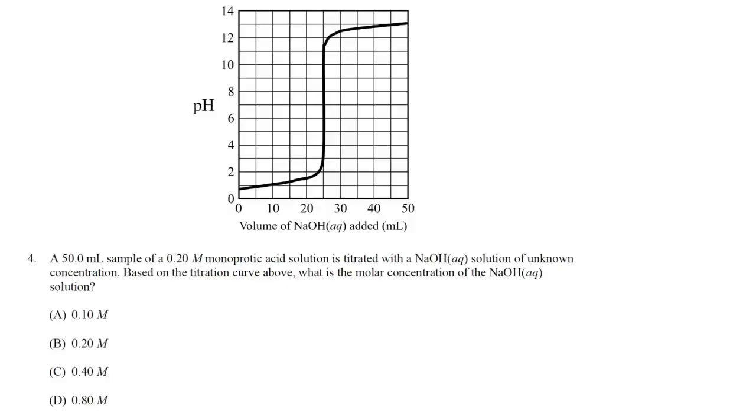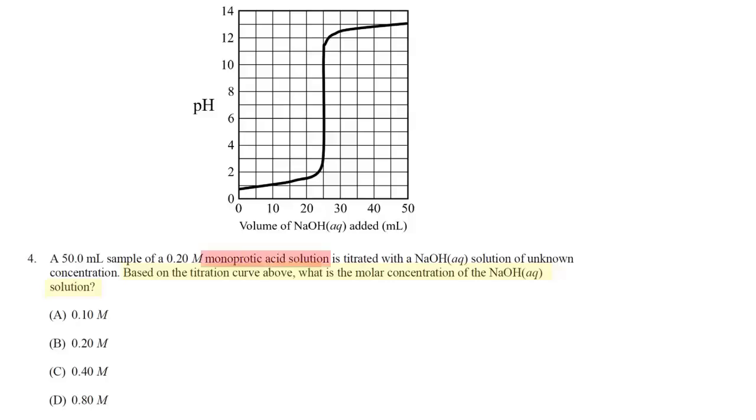Now, the fact that we don't know the concentration of the sodium hydroxide, that becomes the question. So based on the titration curve above, as well as the information that we're given about this acid, what is the molar concentration of the sodium hydroxide solution?